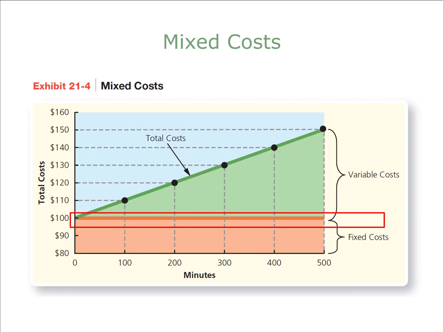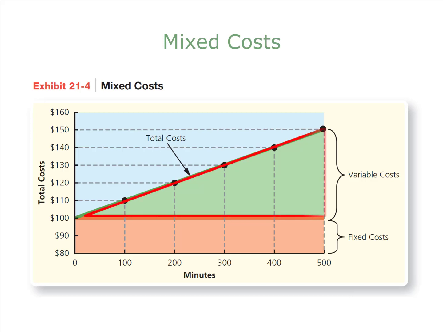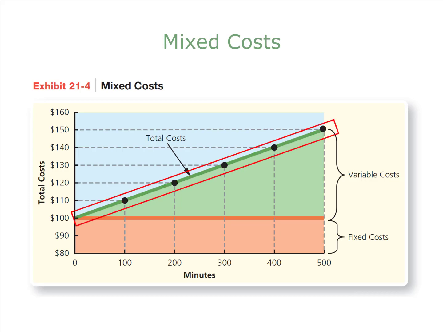So no matter if Ted uses the phone for 0 minutes or 500 minutes, he's being charged the $100 flat fee. And variable costs are anything above the orange line. And total costs are represented by the green line. Any minute of cell phone use increases the total cost by 10 cents per minute. So technically the slope of the line is 10 cents per minute.